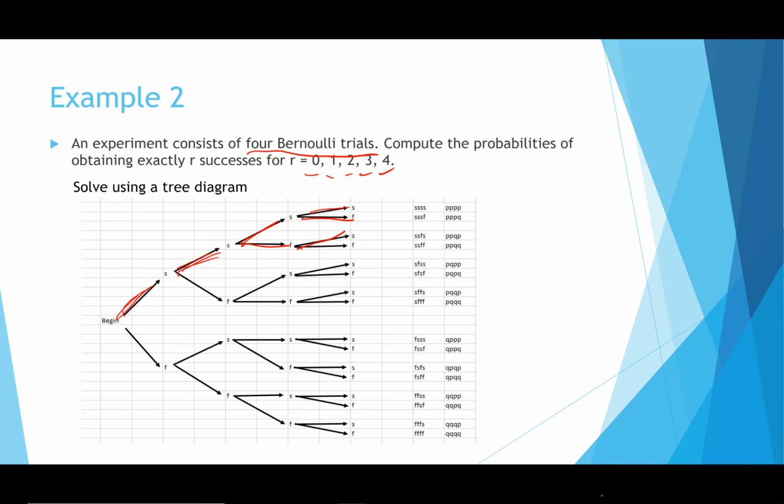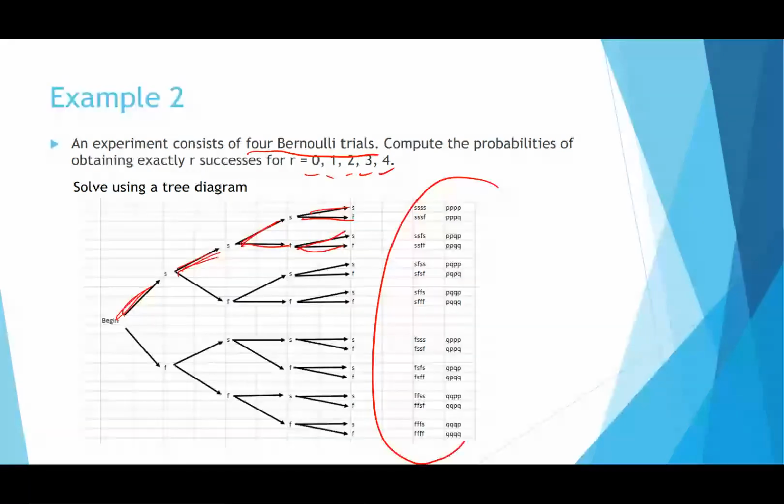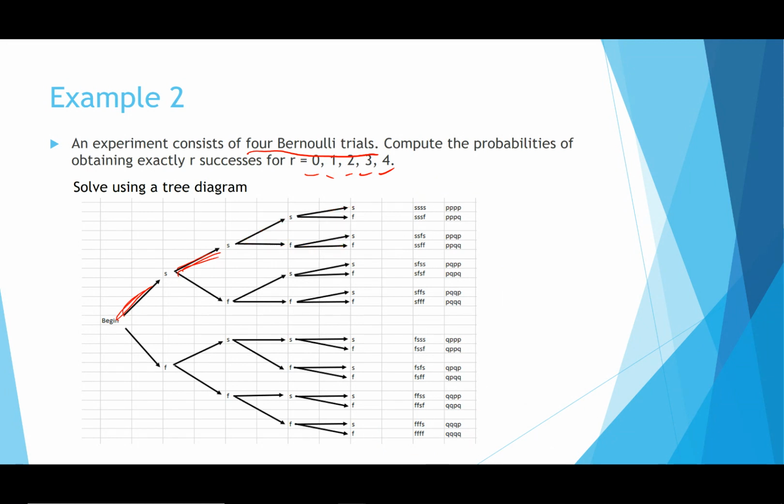You could trace these along, and like I said, I've already filled it out, so I'm not going to just repeat it for you. But you'll see that for each branch, failure, success, success, success, I've gone ahead and noted the 4 outcomes, whether it failed or succeeded, and then translated into Q and P.